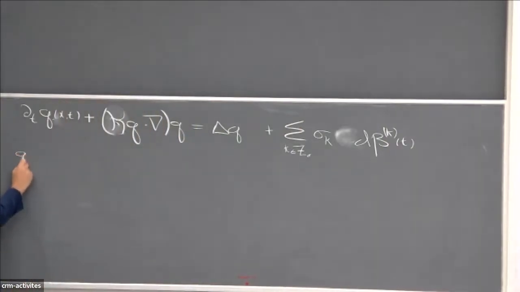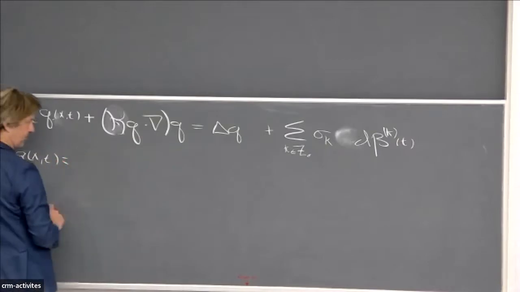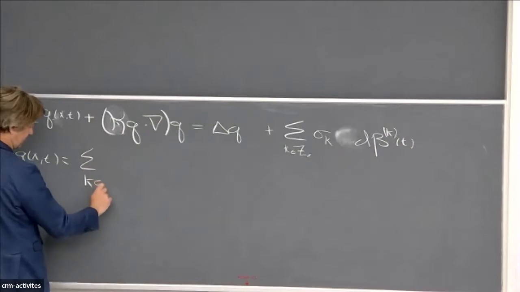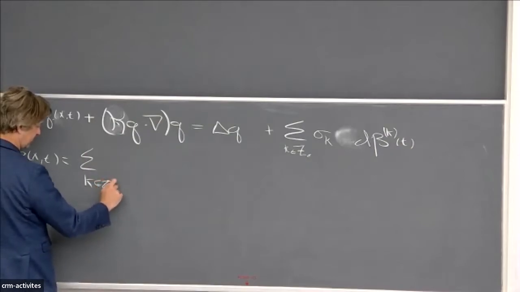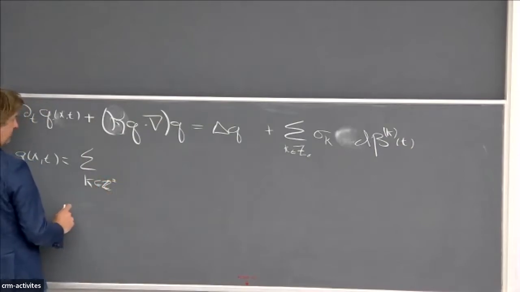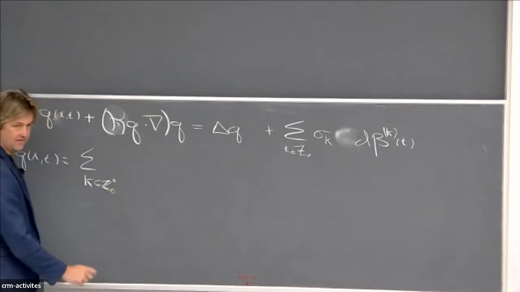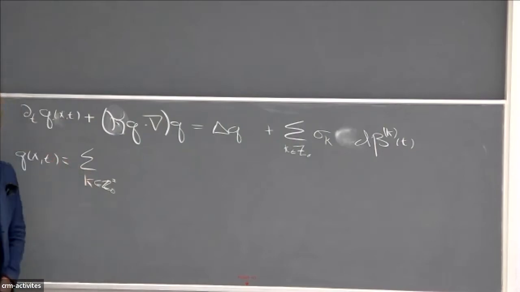Now, I talked about this yesterday, I'm just saying a few things a little slower. If I now sum over all Fourier modes in Z2, and as usual, I had no mean flow, so I'm going to put a little zero there to say the zero mode is gone. So there's no mean flow.